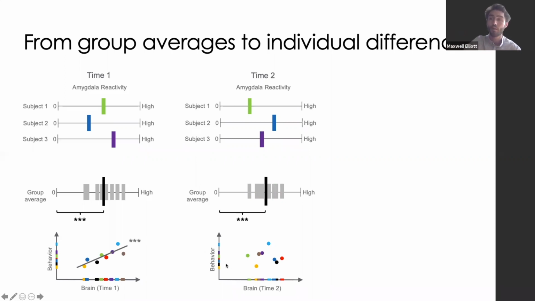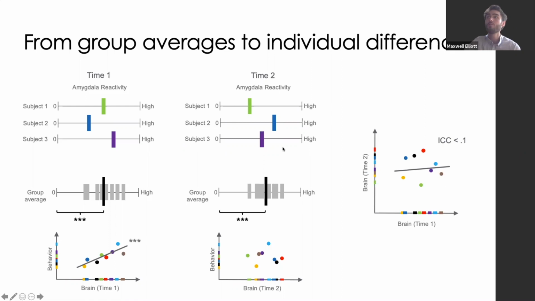And the reason that this can happen is that if I take the brain activation at time 1 and the brain activation at time 2, this is a test-retest reliability study. And in this case, because the subjects moved around in their activation, their amygdala reactivity, there was a very low test-retest reliability, which here I'm going to measure using the ICC. This is a common method to measure reliability.